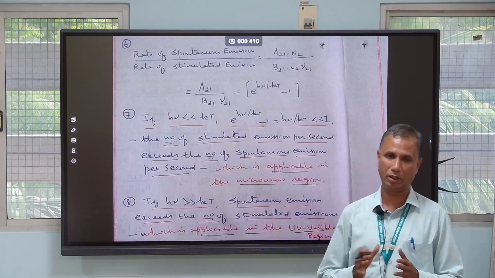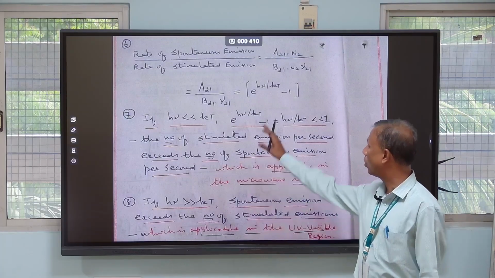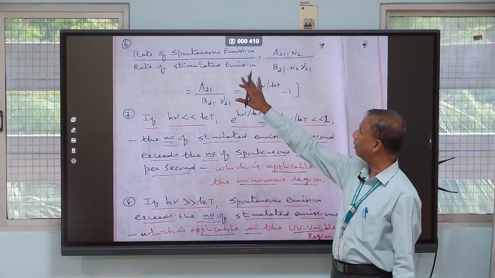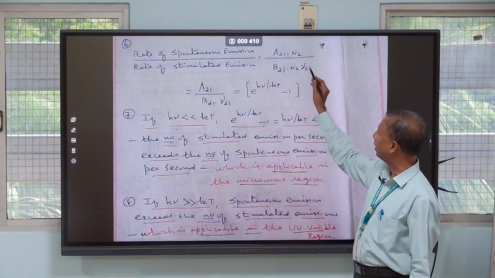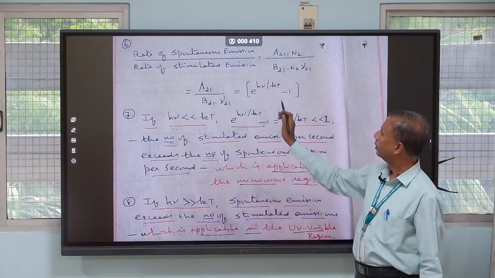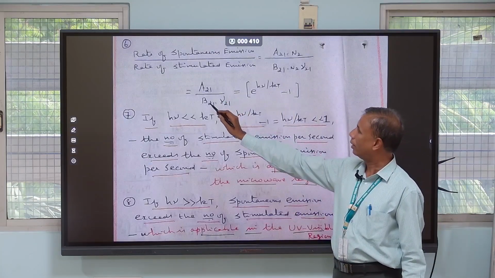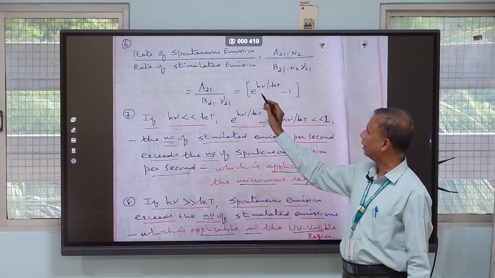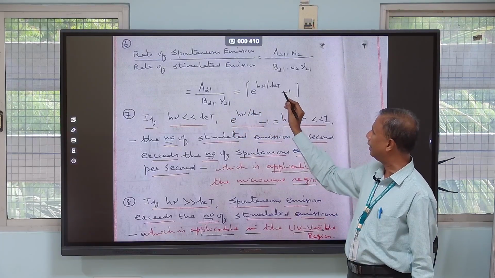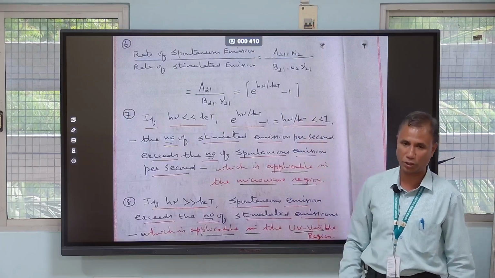We are going to find the ratio of the rate of spontaneous emission to the rate of stimulated emission, A21 N2 by B21 N2 nu 21. A21 by B21 nu 21 is nothing but e power h nu by kT minus 1. So, this is the final equation.